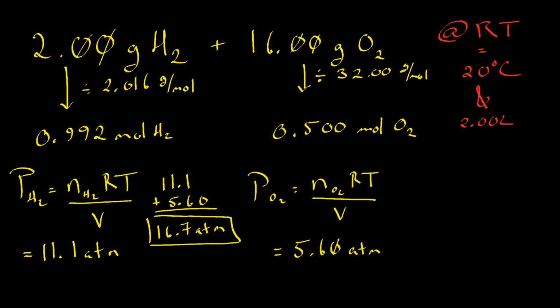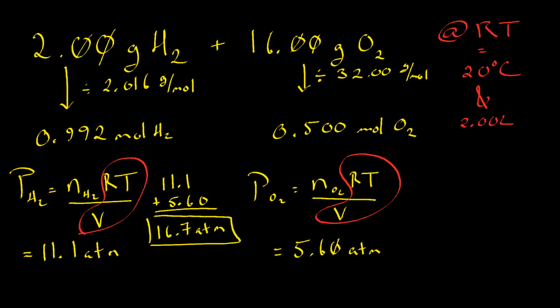Now, the thing is, if you look at those two calculations, you'll see that we've repeated RT over V. Okay, so why do the exact same calculation twice with just a small change in between the two? Maybe there's a better way. Let's see if we can't find one.